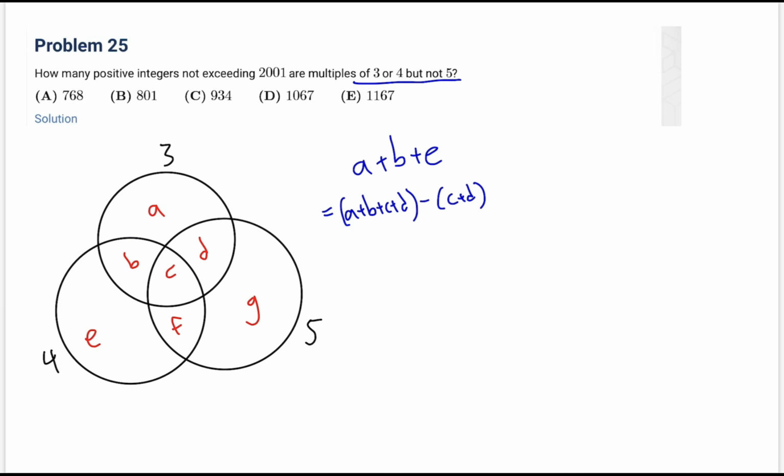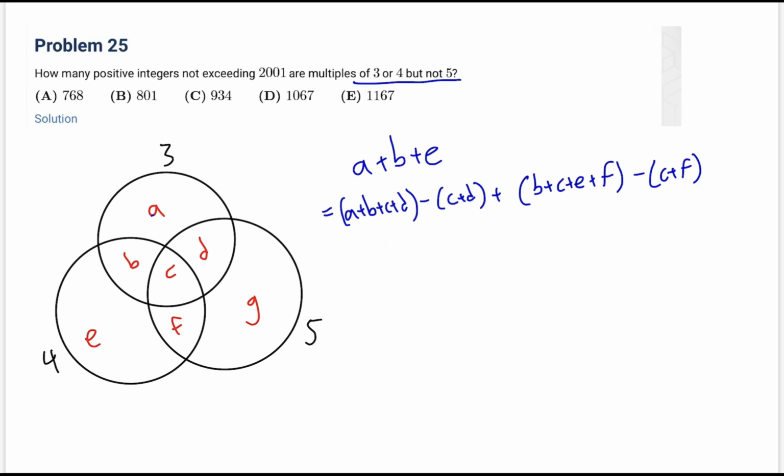Plus B, C, E, F. This is this much, and then minus this much, so it's C and F. So this would result in A plus B plus B plus E. And so now we have to get rid of one of the B's.